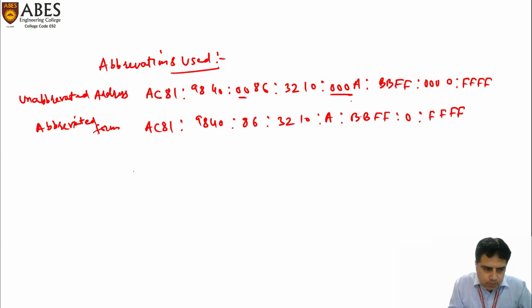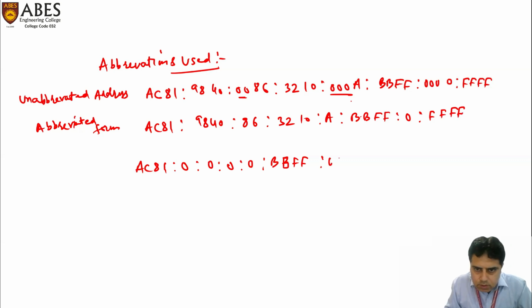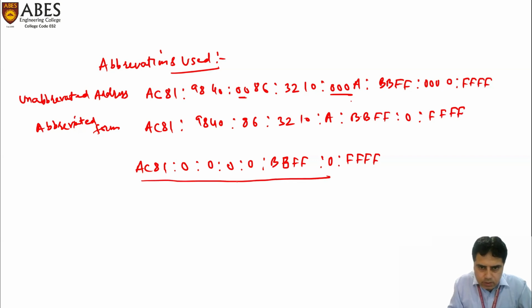For the fourth example, AC81 colon 0000 BBFF colon 0 colon FF. We can abbreviate it further to 8681 colon BBFF. In between, by default all are zeros.